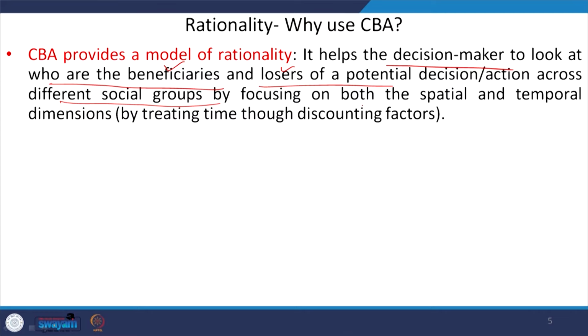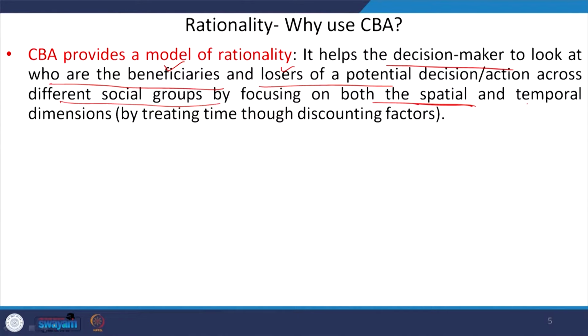So, that means we are finding these beneficiaries and losers by focusing on both the space factors, because we are talking about social groups located and inhabited in different parts of the world or areas, and also the temporal dimensions. In that way it gives a tool which represents not only the present generation's needs, but also the future generations' benefits and costs out of this particular policy or project.